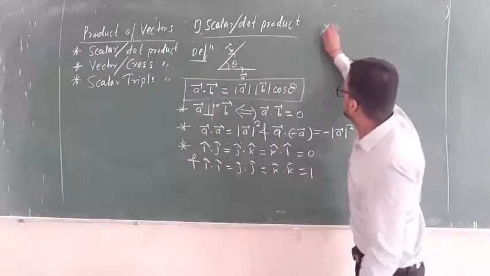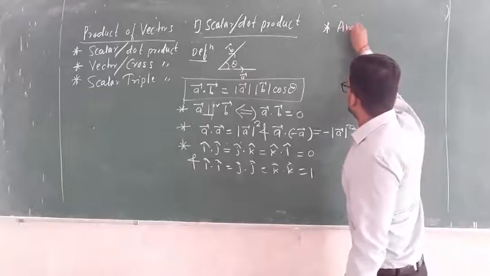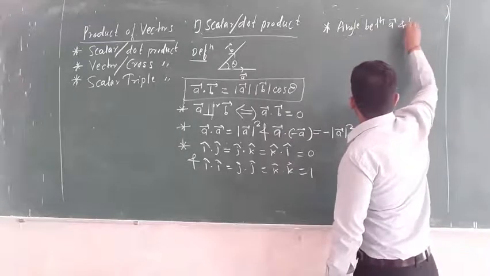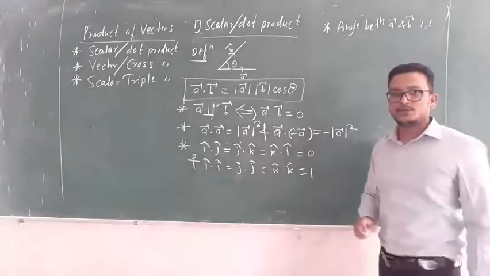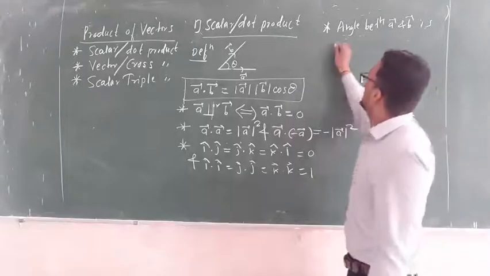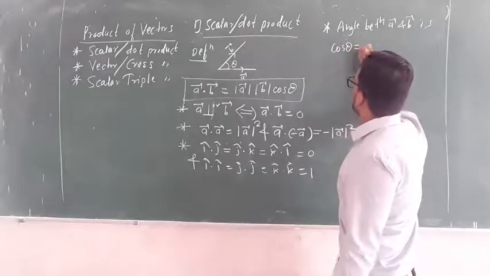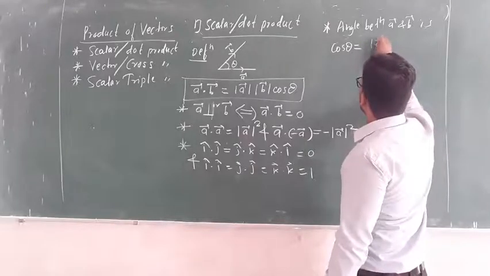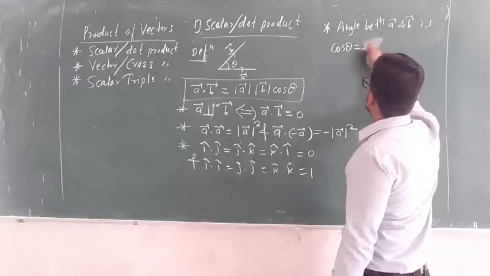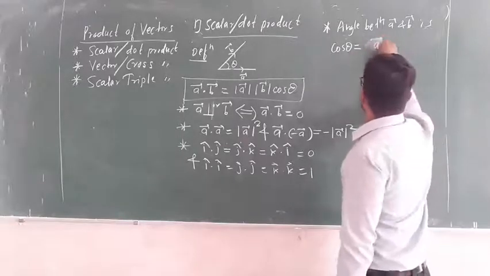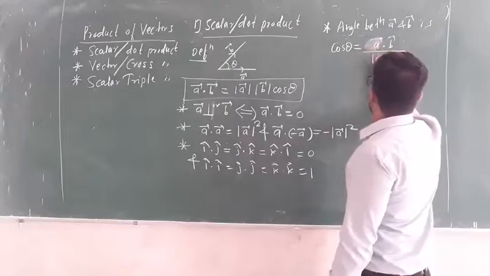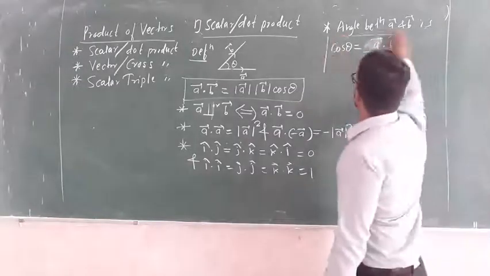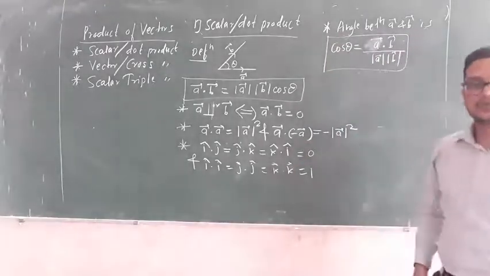Next property is the angle between vector A and vector B, that is, cos theta is equal to A dot B divided by magnitude of A into magnitude of B. So this is the formula to calculate the angle between the two vectors.